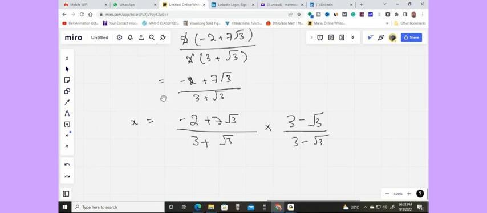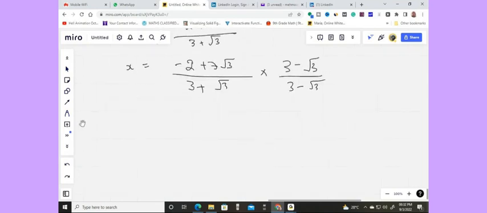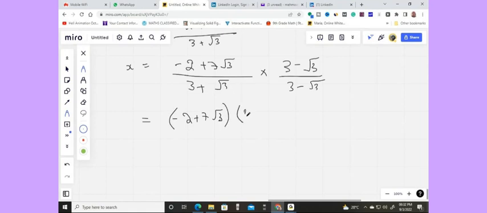Now multiply the numerator with the numerator and the denominator with the denominator. What are you going to get? In the denominator, you're just taking the help of your a square minus b square concept. So it's a minus b and a plus b.